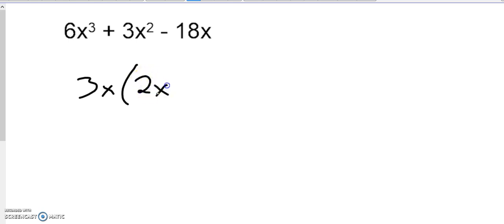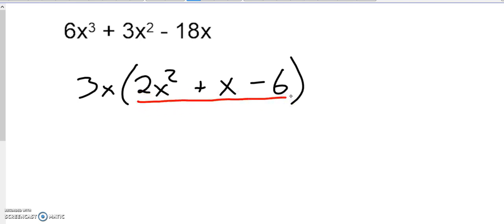So here I'm left with 2x squared plus 1x, or just x, minus 6. And what we'll want to do is factor this piece now. So we know that 3x is a part of our answer, and we're going to get something that looks like this. Now you can either guess and check with this trinomial, or you can take the direct route.